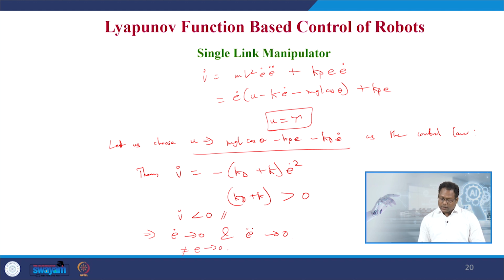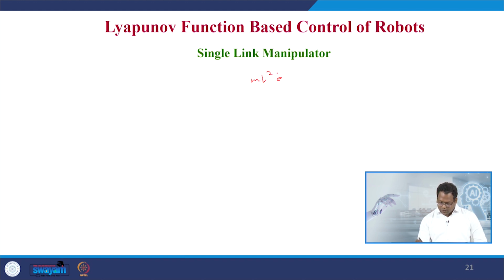So, substituting this control into the error dynamic equation, we get m L square E double dot plus (K plus Kd) into E dot plus Kp into E equal to 0.